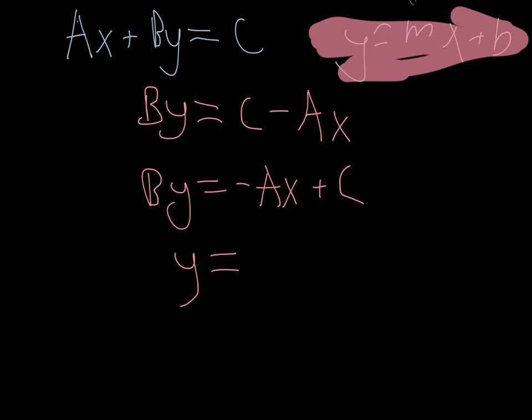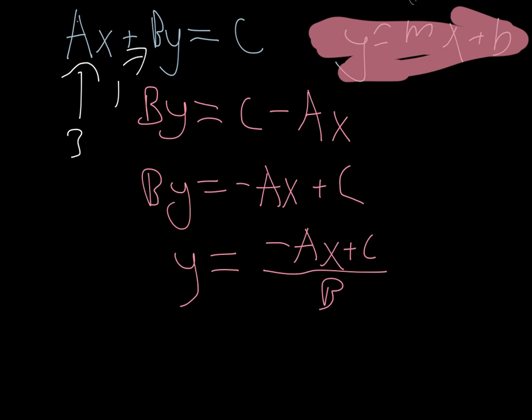Y equal to, as you can see that I'm getting to the y part, y equal to negative ax plus c, divided by b. Now, for example, let's substitute a as 3, and let's substitute b as 4. C doesn't really matter, but I'll just put 1.